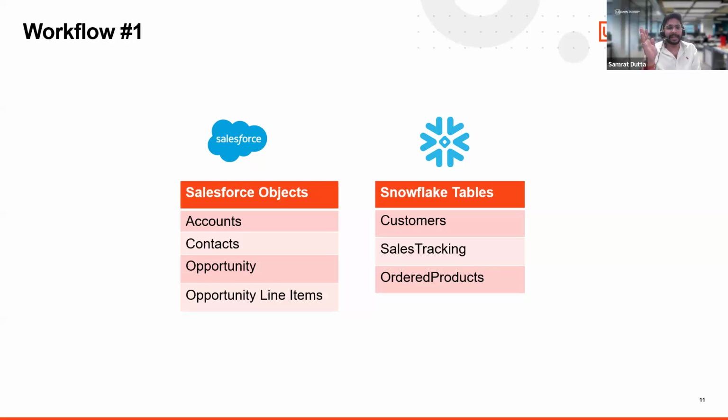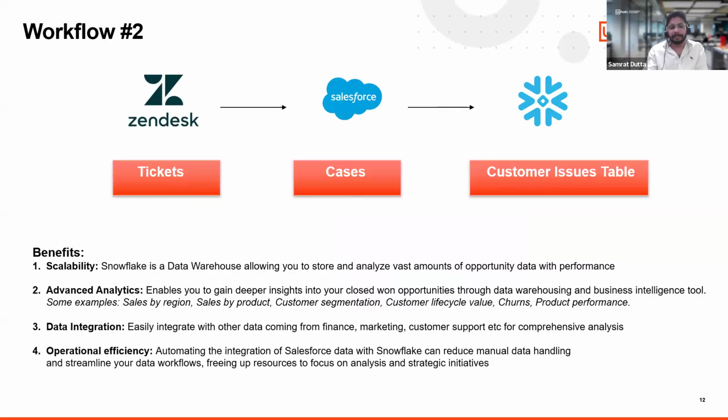Opportunity will become sales tracking, and opportunity line items become ordered products and go into those tables. Overall, this is the workflow we are going to look at. The second workflow, where we will talk to Zendesk and Salesforce, mix the data and get it into the Snowflake customer issues table.